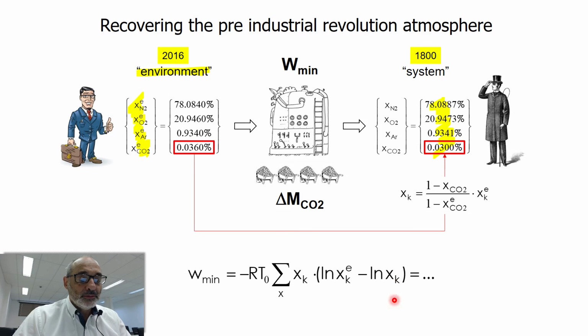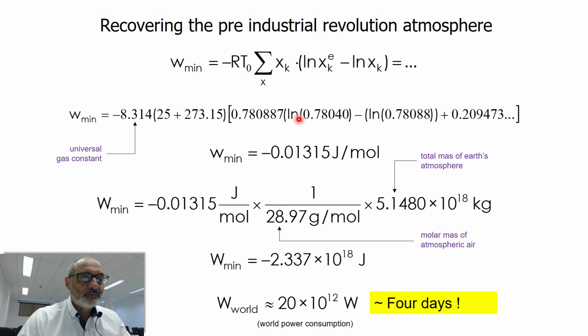We know how to calculate this. The minimum amount of work is here. It may be positive or negative, depending on the sense of the process or which one you define to be the environment. So we're going to use this expression. I transfer this expression here just for reference. So let's apply it.